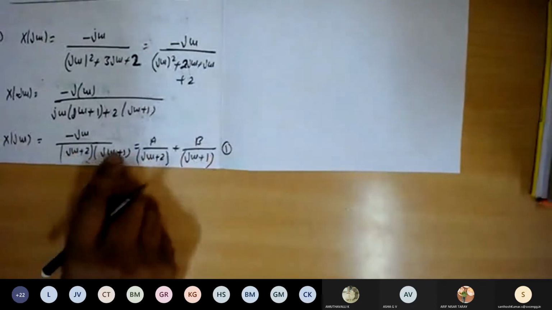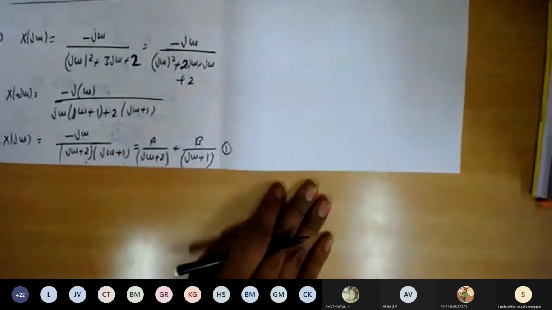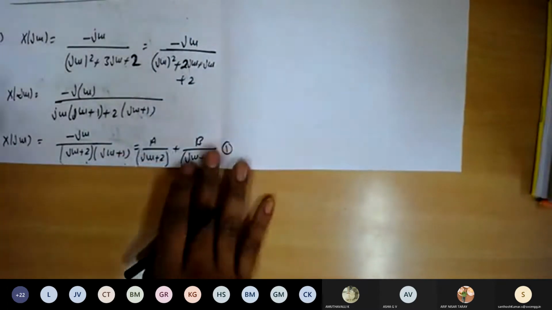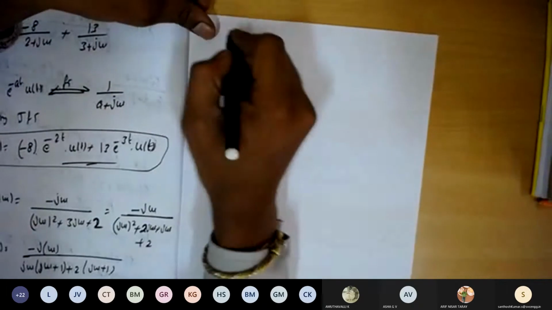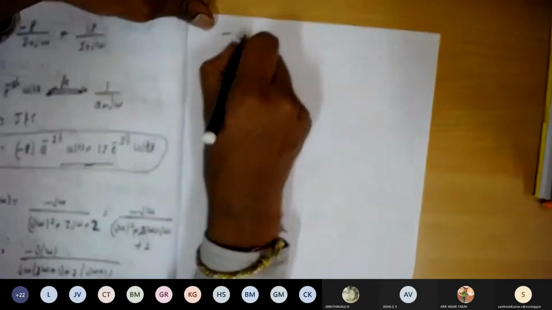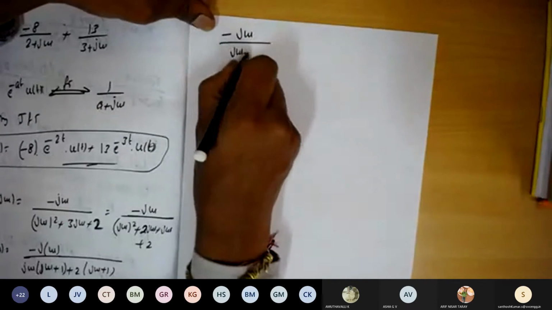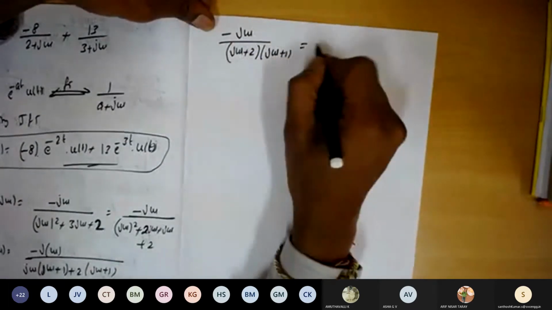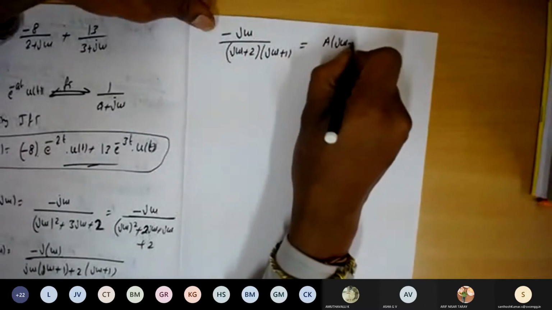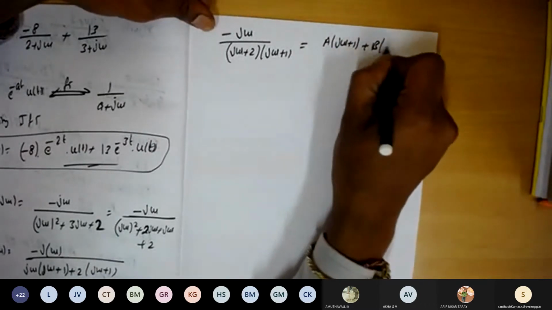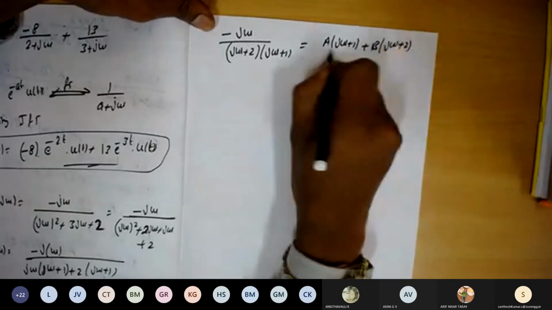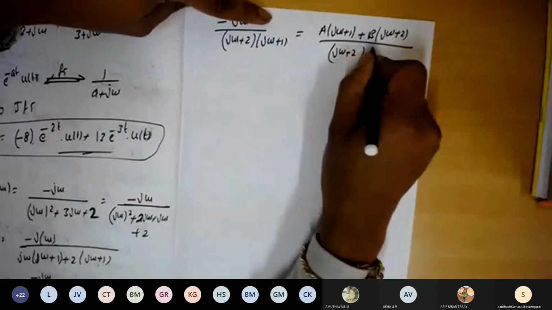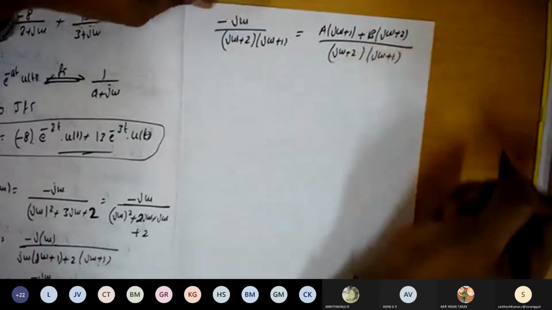Now let us take the LCM and cancel out the denominator. We'll find the values for A and B. So take the LCM of these terms. It will become minus j omega on the LHS divided by j omega plus 2 into j omega plus 1, equal to A into j omega plus 1 plus B into j omega plus 2 divided by j omega plus 2 into j omega plus 1.